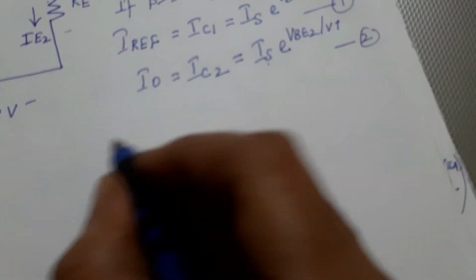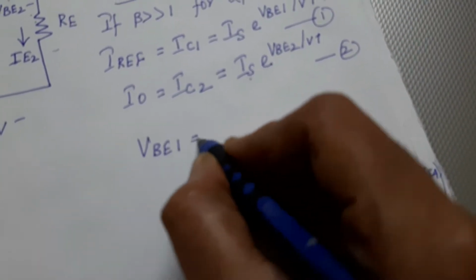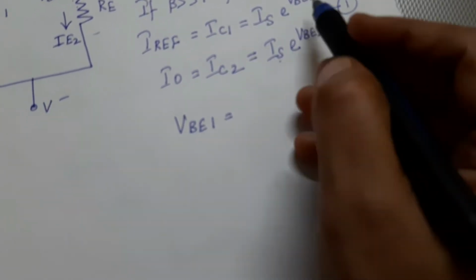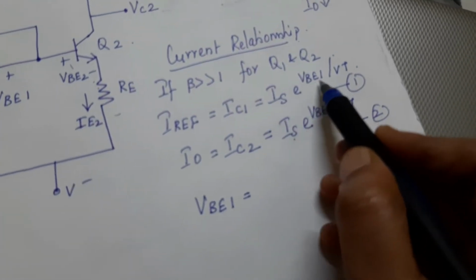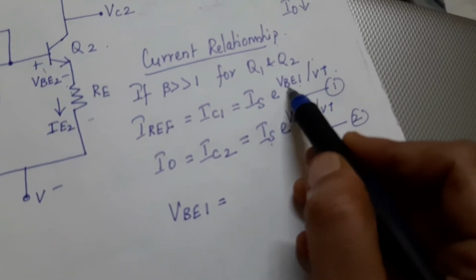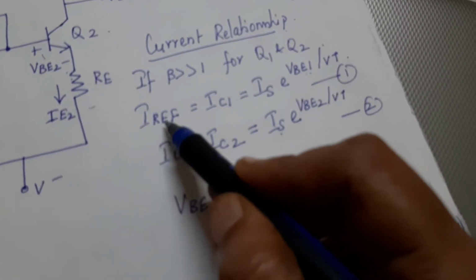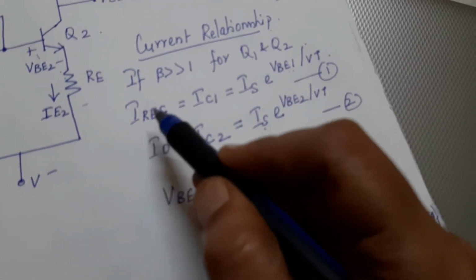So, solving for the base emitter voltages. We have I reference equal to IS into e to the power of VBE1 by VT. I want to find the base to emitter voltage, so I have to rearrange the equation. When e to the power of goes to the other side, it becomes ln.